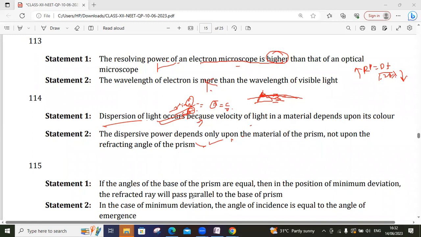Question 115. If the angles of the base of the prism are equal, then in the position of minimum deviation, the refracted ray will pass parallel to the base of the prism. Yes, this is correct, but it is not compulsory that the angles of the base of the prism should be equal. If it is there, it's good.